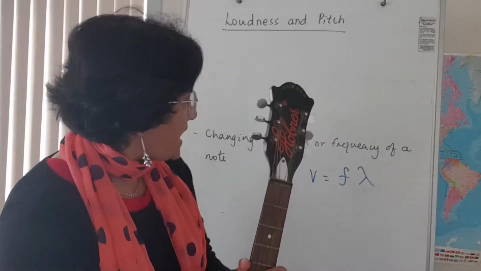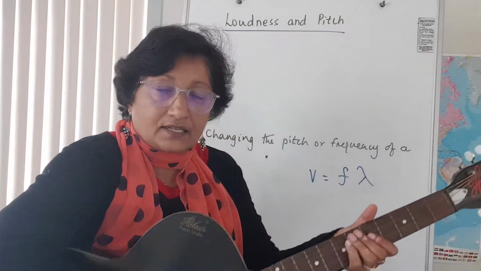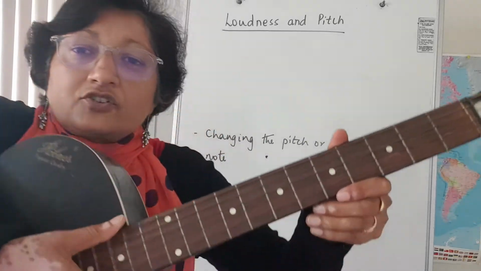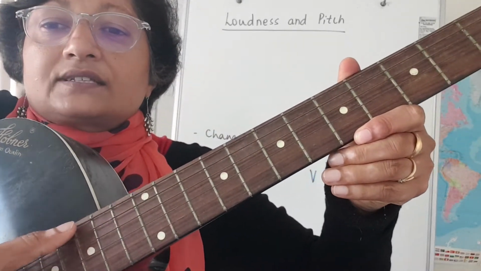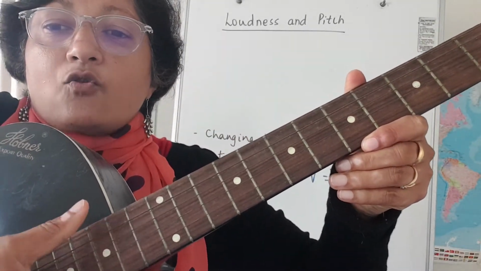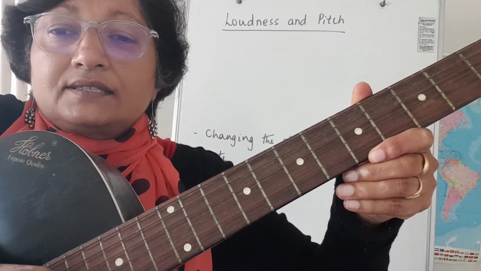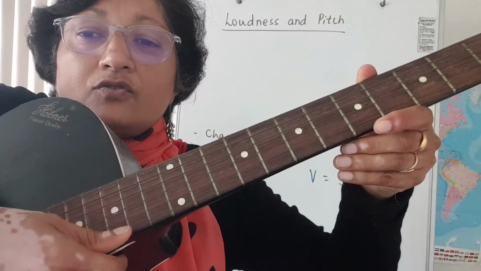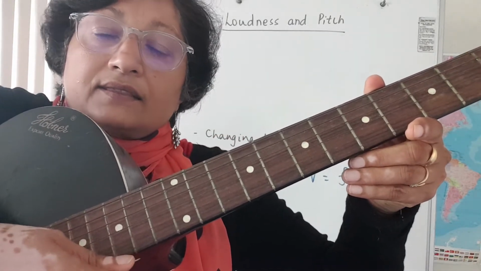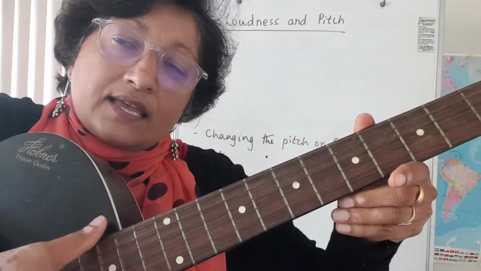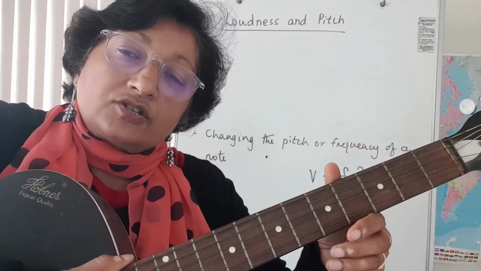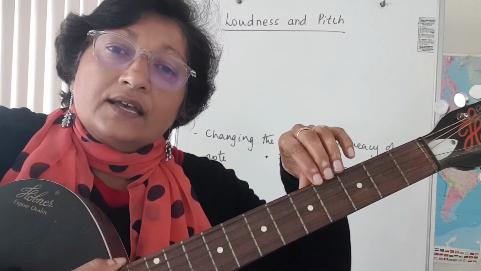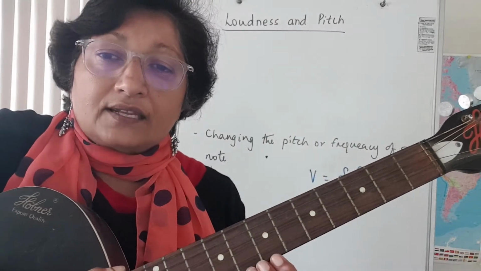So let's look at changing the speed to get a higher frequency. Now, one way we can do that, if you look at the guitar strings, I don't know if you can see it, these strings are all different thicknesses. So this one is a thicker string, the note is quite low, whereas that one's a thinner string where the note is high. And the reason is sound travels slower through a thicker string compared to a thinner string.